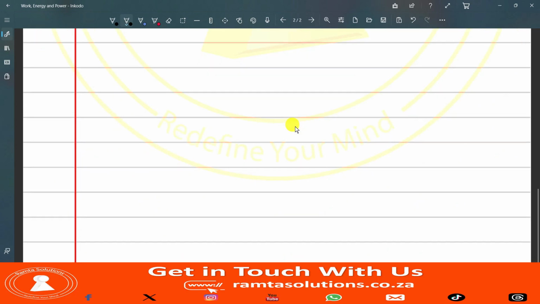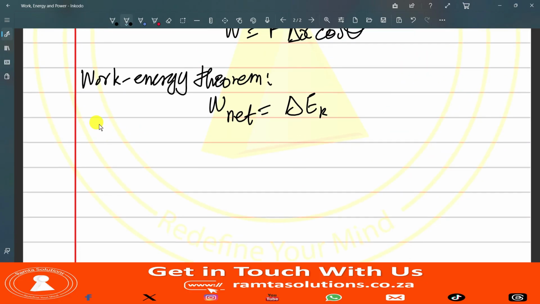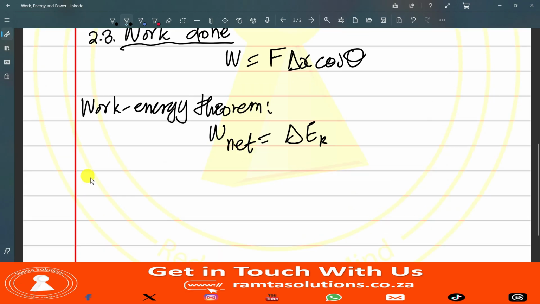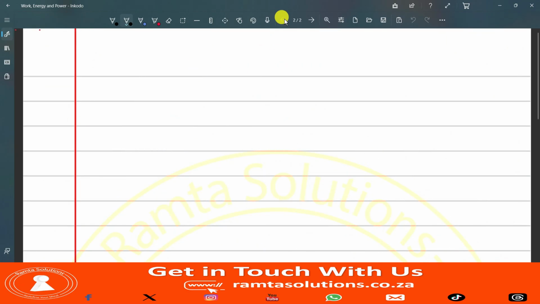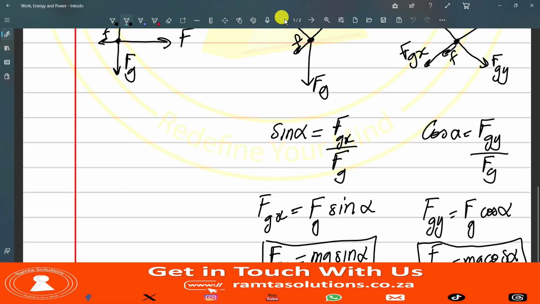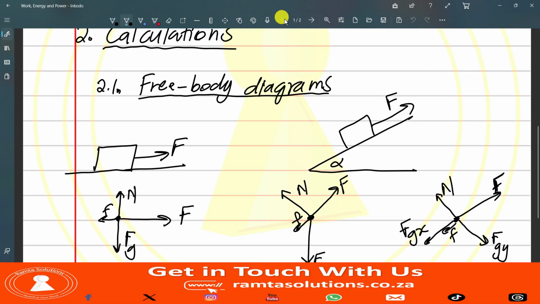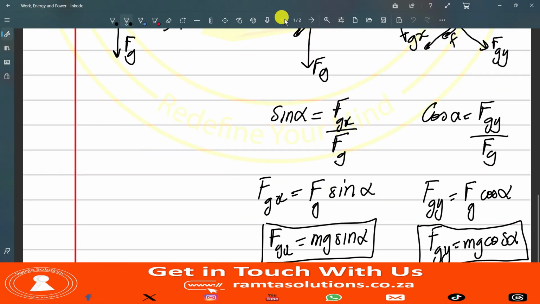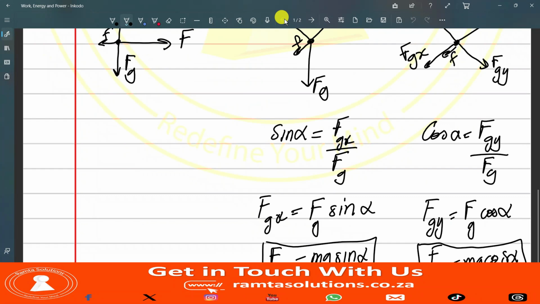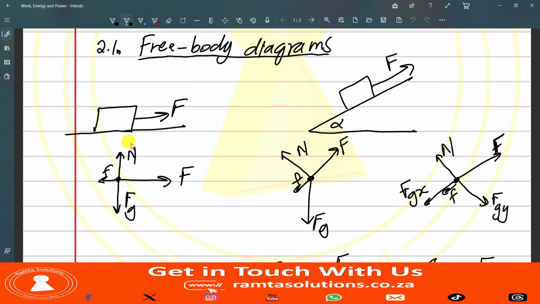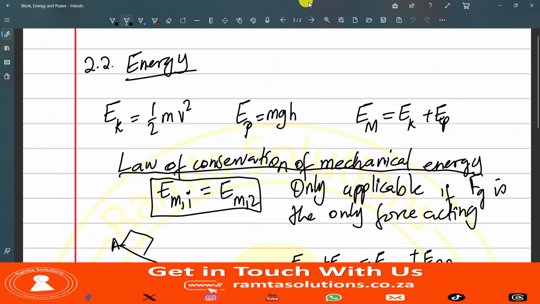For that object that we were looking at when it was sliding up the incline, or maybe we can also use the one where it is being pulled. Let me show you how you use your work energy theorem.